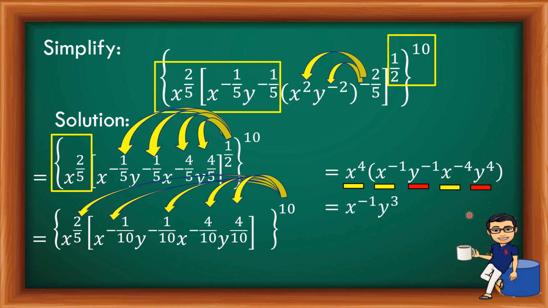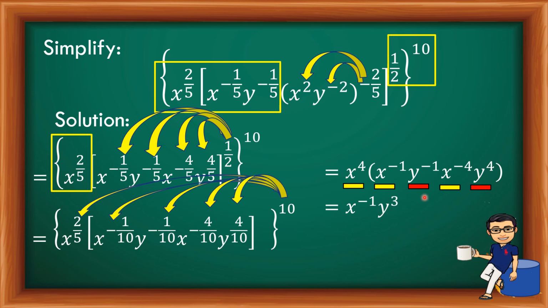So we simplify those. Let us start with x to the 4th, x to the negative 1, x raised to negative 4. Same base, copy the same base, then add the exponents. 4 plus negative 1 is positive 3. Positive 3 plus negative 4 is negative 1. So the exponent of x became negative 1.